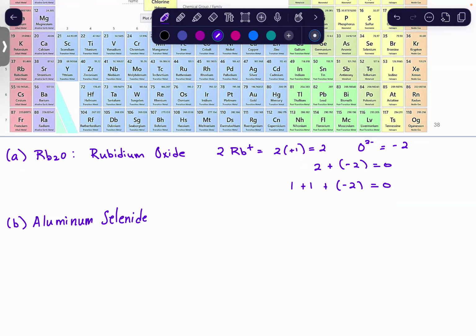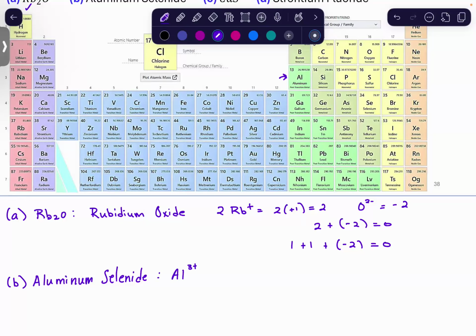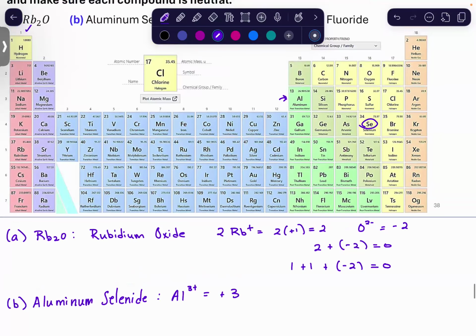I'm going to say, okay, well, aluminum is right here, and I know from what I've been studying that aluminum is a 3 plus, so I'll just write a total of +3 as the charge. Selenide, so selenium's right there. Group 16, that's my -2 column. So all of the ions in that column are going to get a charge of a -2. Your selenide will be a 2 minus.